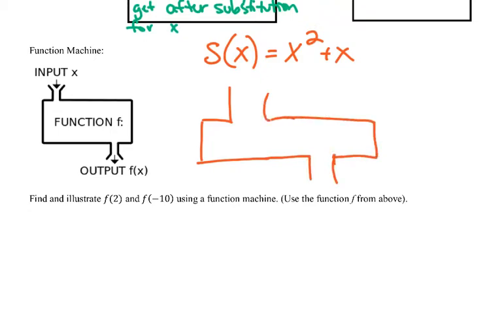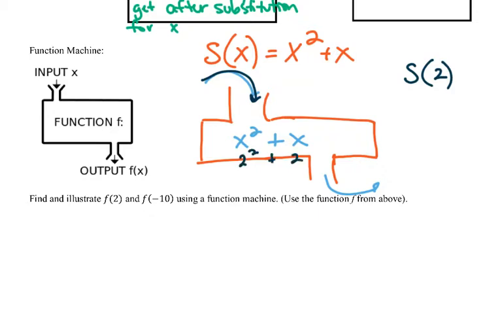What that means is the rule is happening inside there, the x squared plus x, and the input is something you're putting in. Once you put it into the machine, it substitutes in and it throws out something outward. So let's say you were given the example of s of 2. When you throw 2 in, this machine is doing 2 squared plus 2 and getting 6, and that's what's going to pop out.